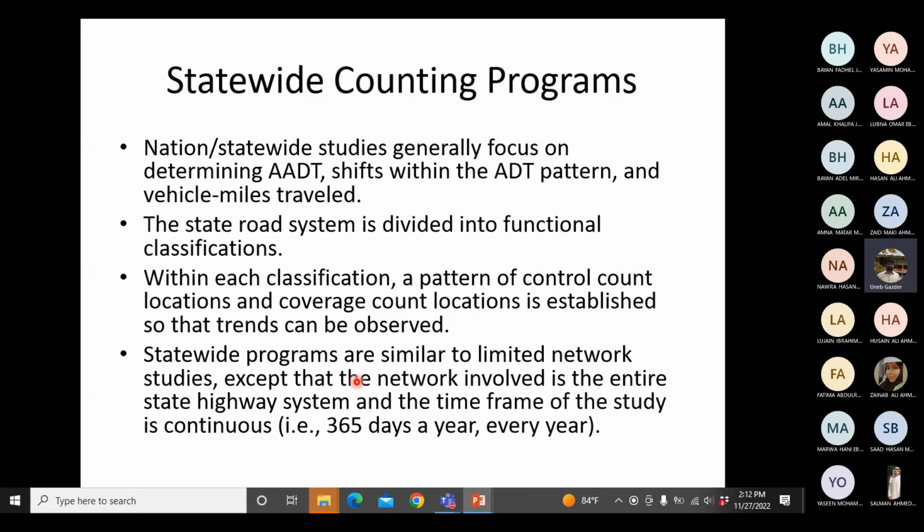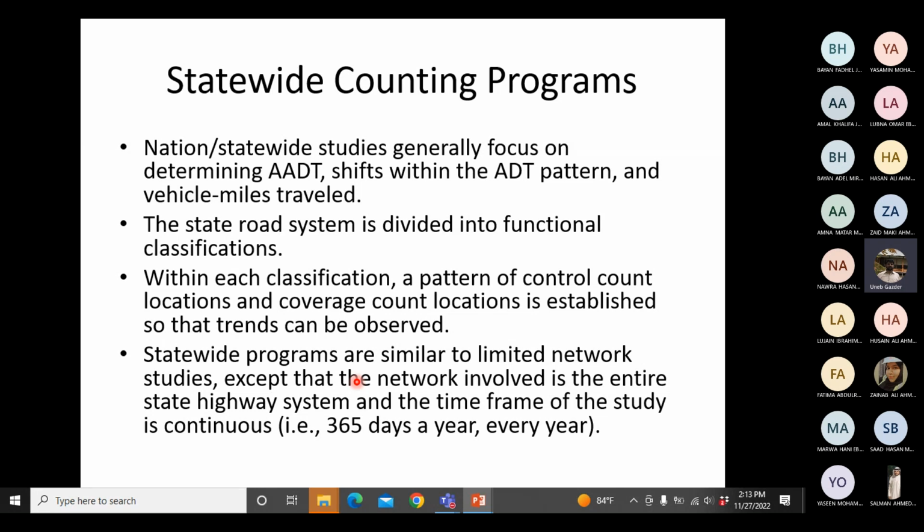Okay, now there's a similarity between the statewide counting program and the limited network study. The similarity is that in both of them you are counting volumes on segments, and in both of them some locations have control counts and some locations have coverage counts. But there's a difference as well.